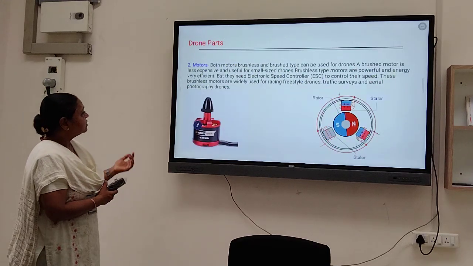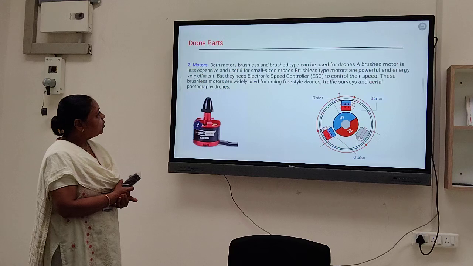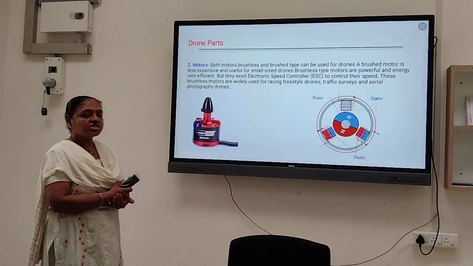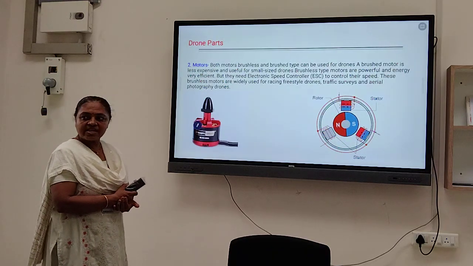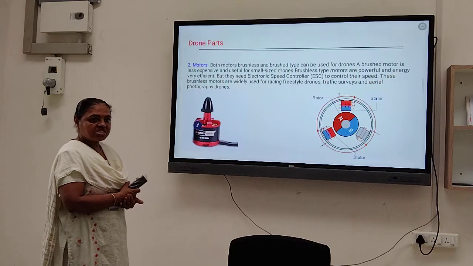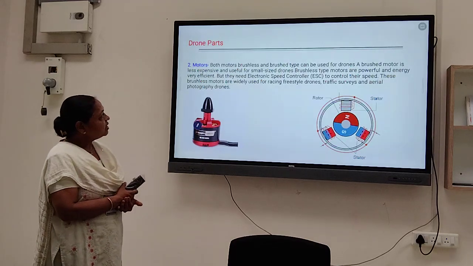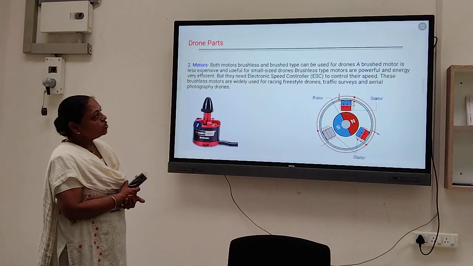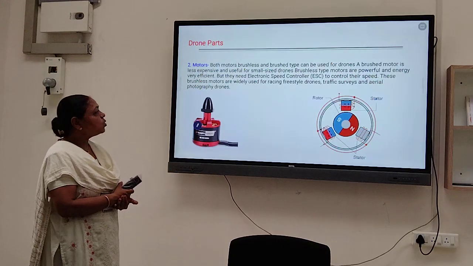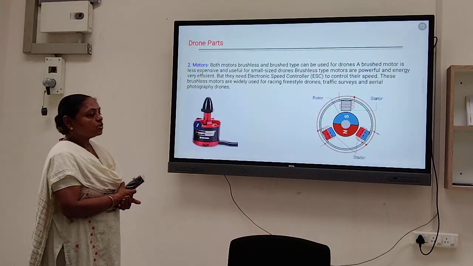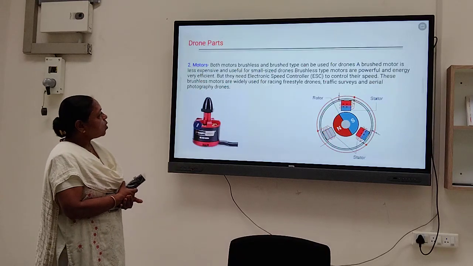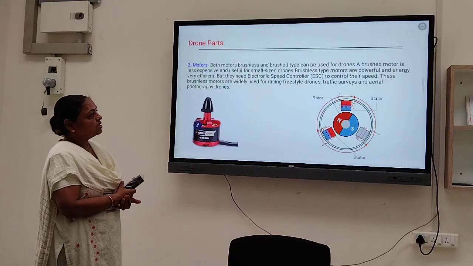Then motors. These are the different motors, both brushless and brush type electrical motors. Brush or brushless type can be used for drones. A brush motor is less expensive and useful for small size drones.